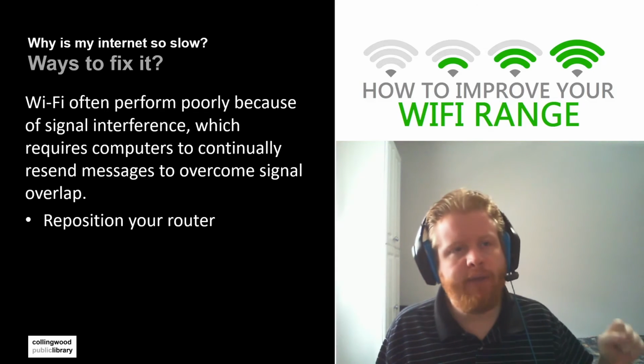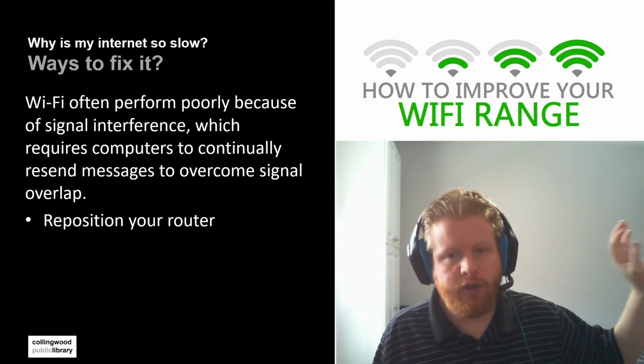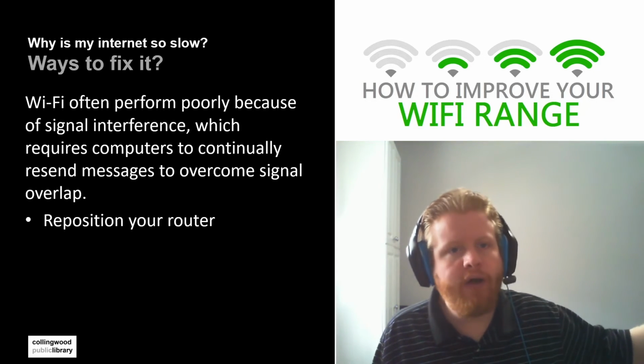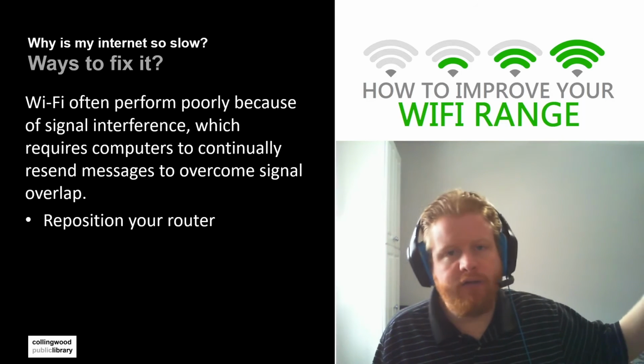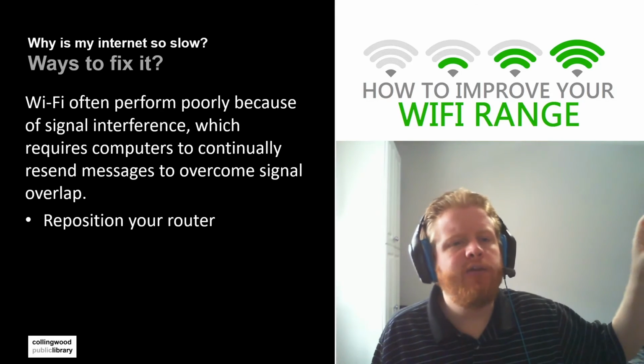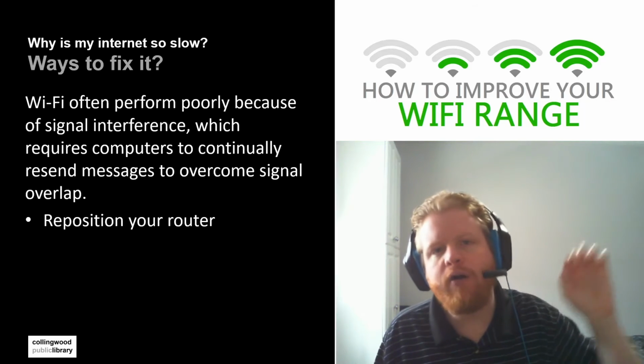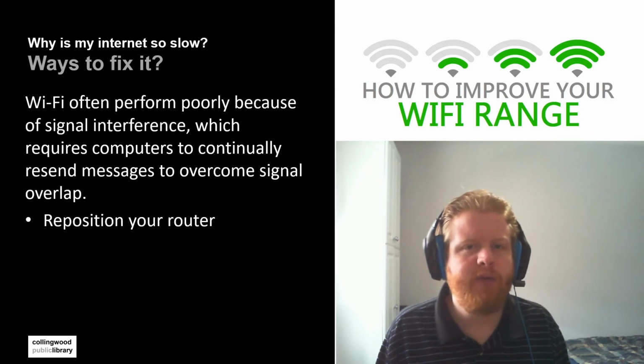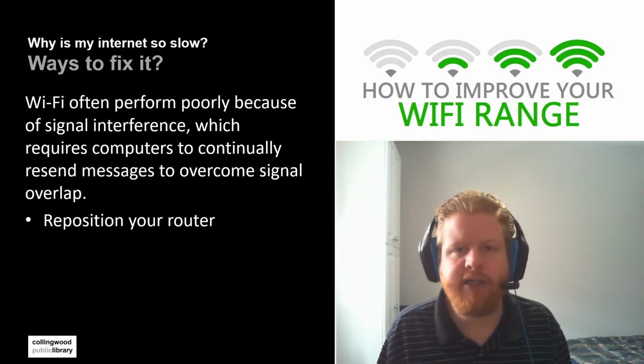Maybe you've put it on the side of the house that's close to your neighbors. They also have Wi-Fi. Your signals might be interfering with one another. So again, repositioning your router might help in regards to this interference and create a stronger connection.